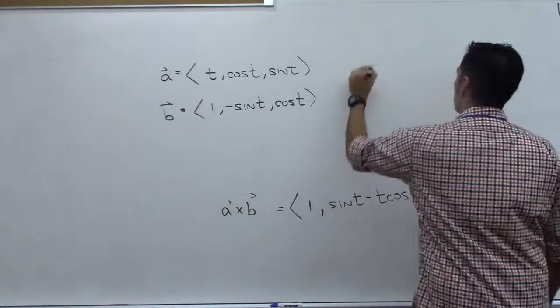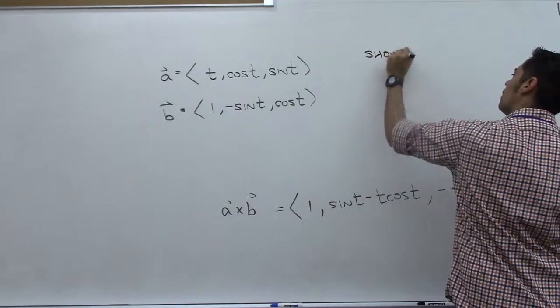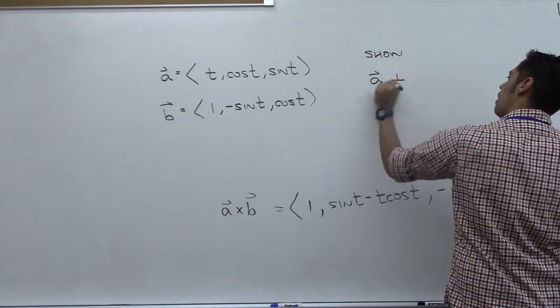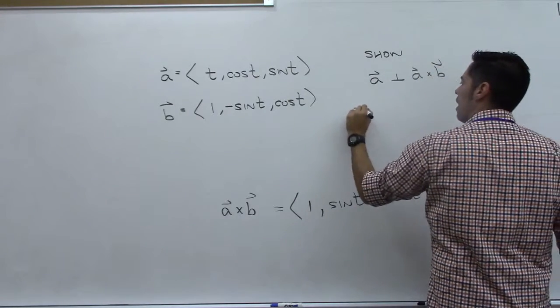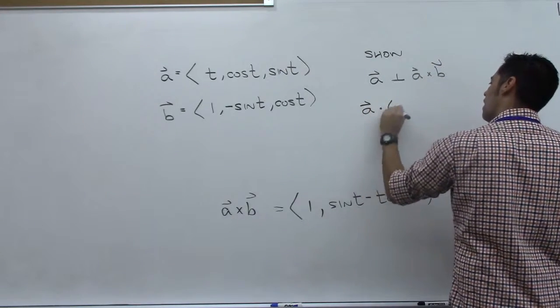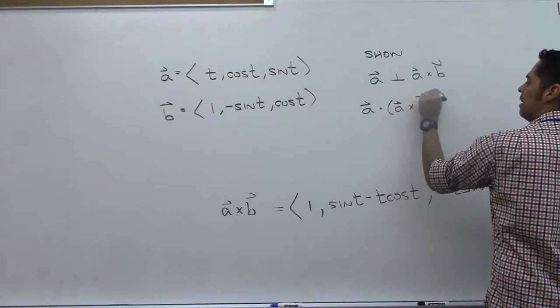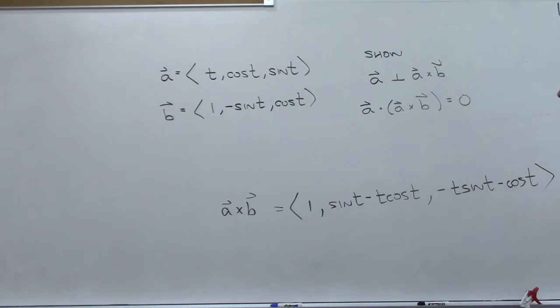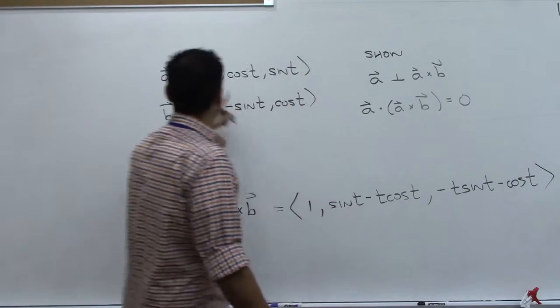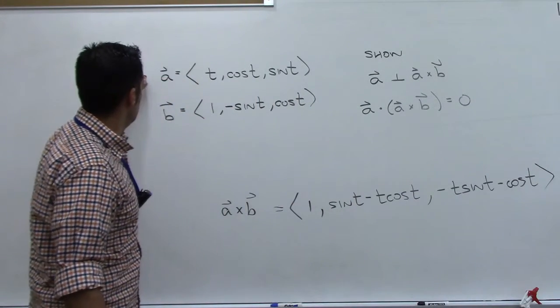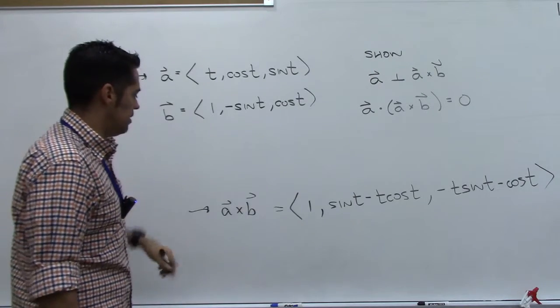So let me show first that A is orthogonal to A cross B. So I want to show that A dotted with A cross B is 0. So let me show that that's true. Let's dot these.